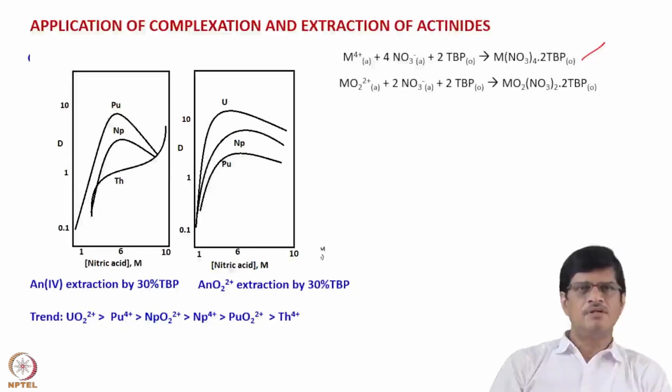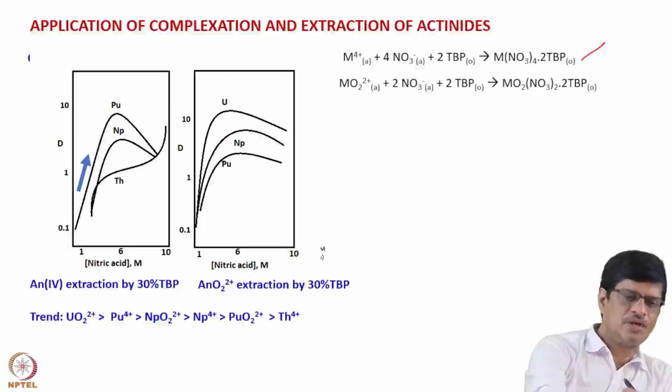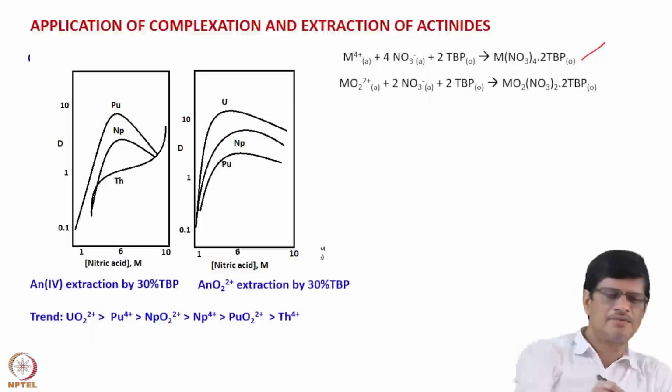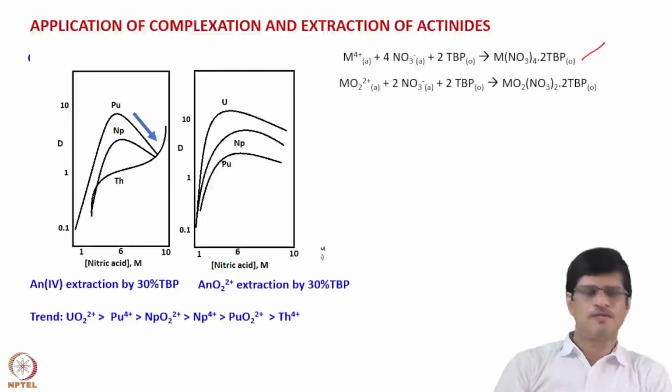You can see that the extraction of plutonium 4+ is increasing with increasing nitric acid concentration. You see that this extraction is going up, and beyond around 6 molar nitric acid, it falls. So that is because of 2 factors.